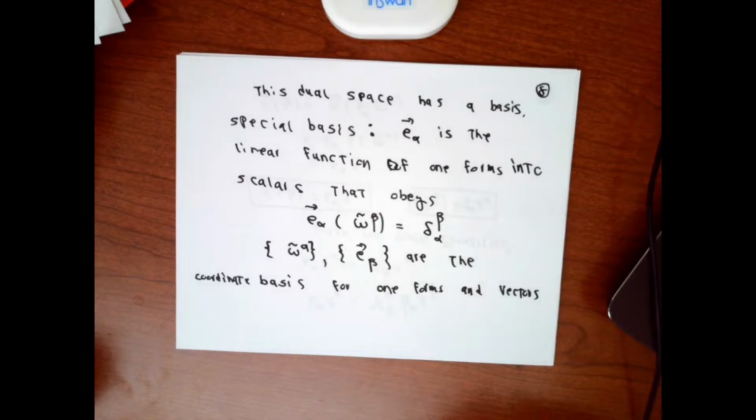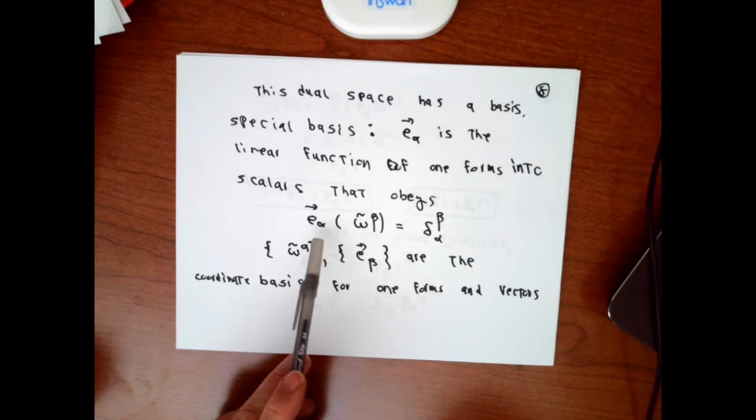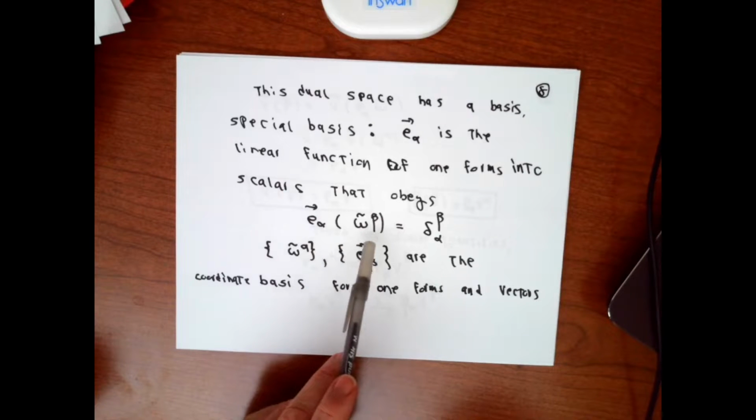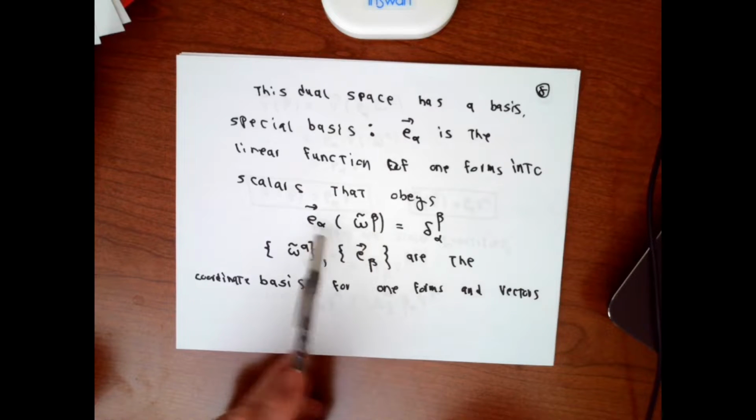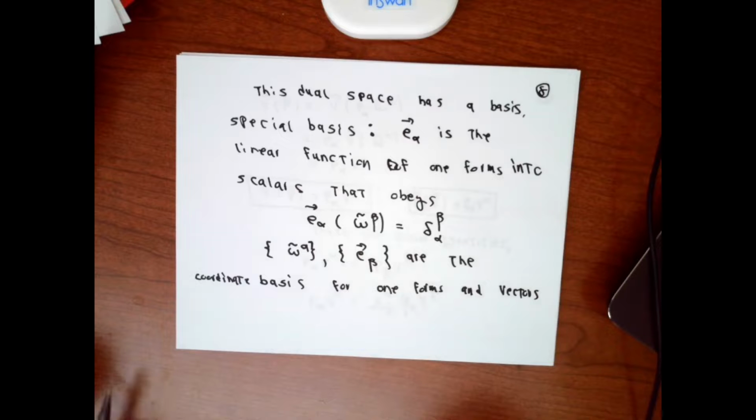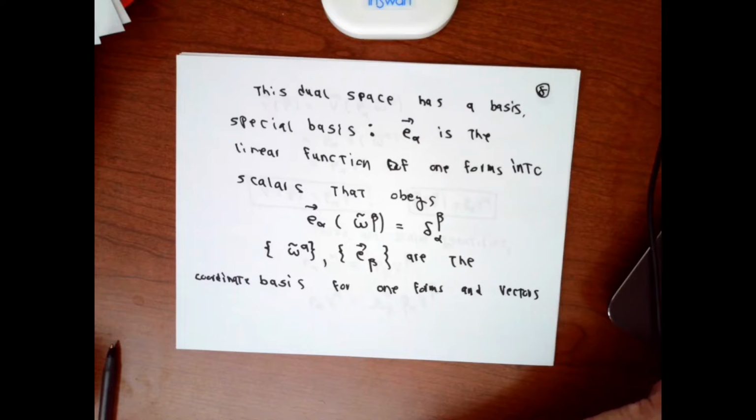If I take E alpha and I feed one of the basis one forms into it, I either get 1 or 0, depending on whether the indexes are the same or not. The omega tilde alphas and the E betas are coordinate bases. In the first case, for the space of one forms, in the second, for the space of vectors.